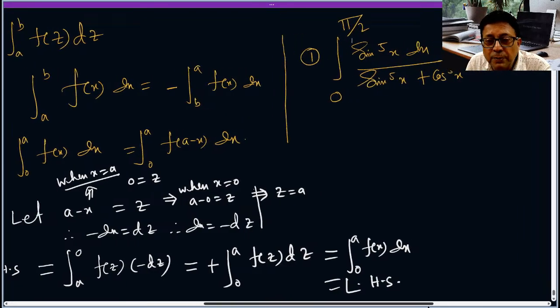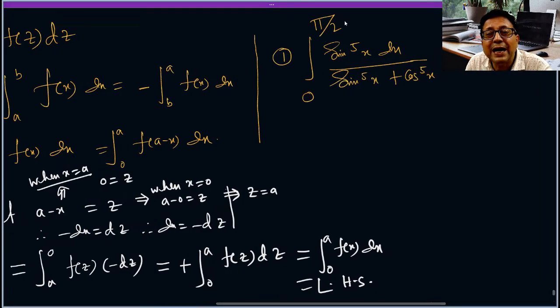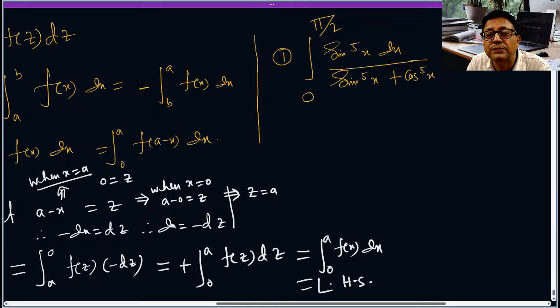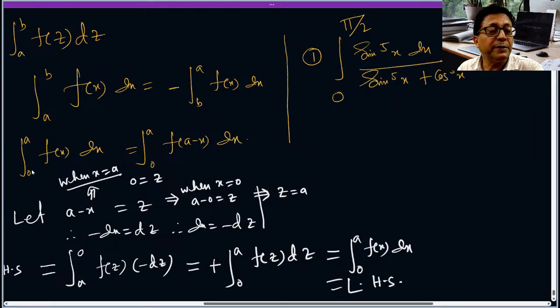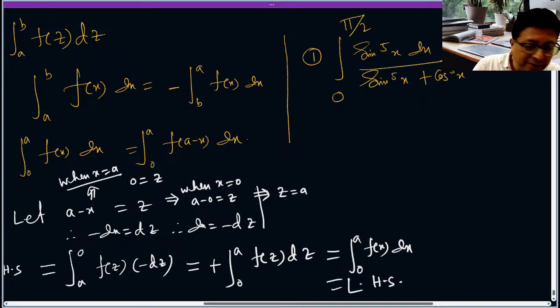If we do not use property 3, can anybody do this? No one. Even the god of mathematics. Impossible to solve. This can be done with the third property only. Third property, you try to pay attention once more. If it is ∫₀ᵃ f(x)dx, it will be ∫₀ᵃ f(a−x)dx.